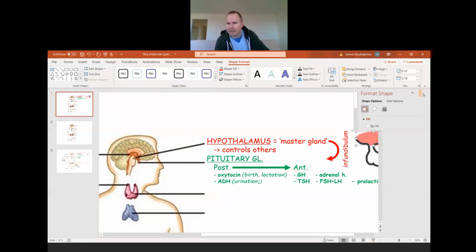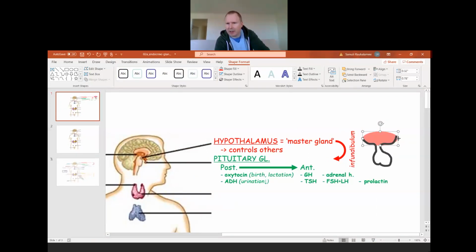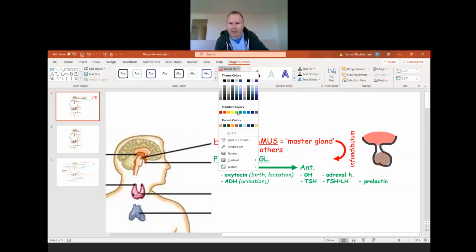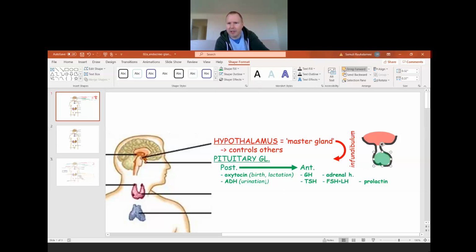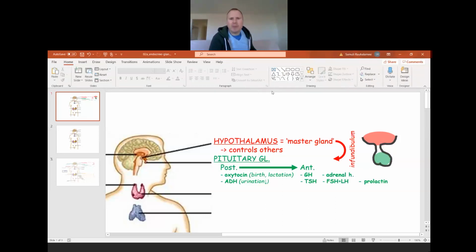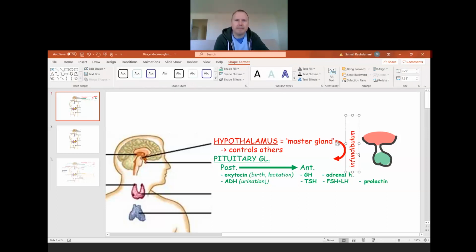So there we have our hypothalamus at the top, and we're going to add the pituitary gland with its 2 lobes to the bottom as a color coding as well, in case that is something that you find helpful when you're trying to make sense of what that scribble was. The structure between the two was, of course, our infundibulum.